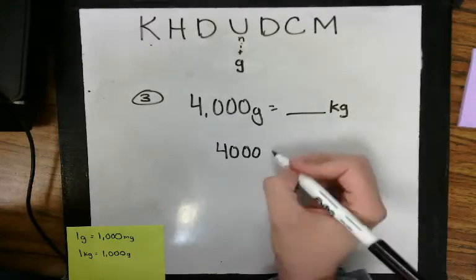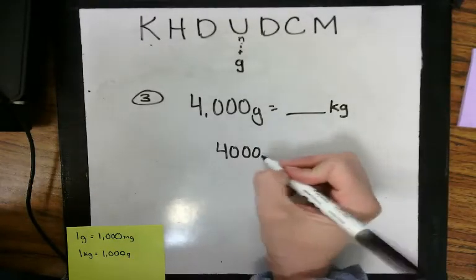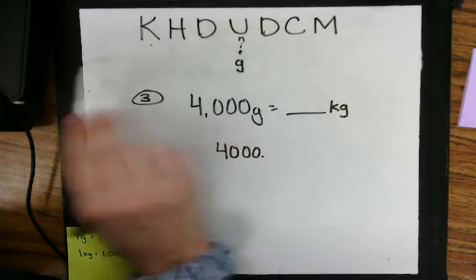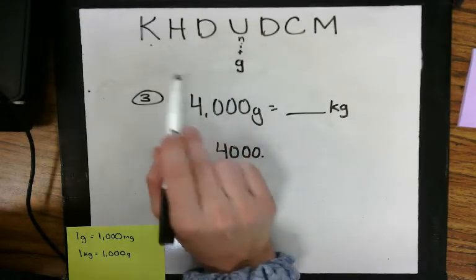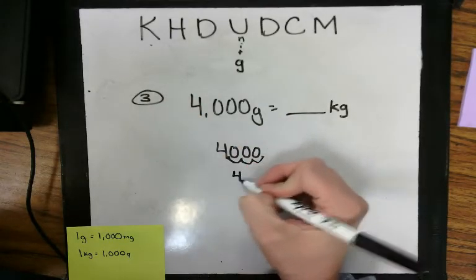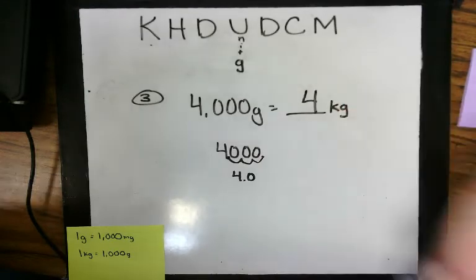All right. So again, 4,000 here. The decimal point would be there, right? We're going from grams to kilograms. So this way to the left, 1, 2, 3. 1, 2, 3. The decimal point's now here, which means it's 4 kilograms.